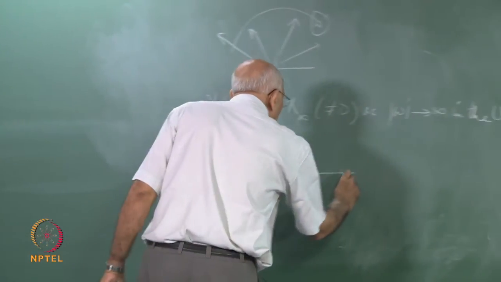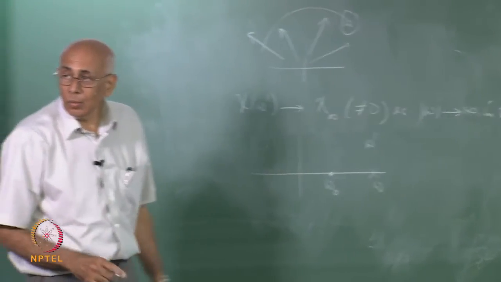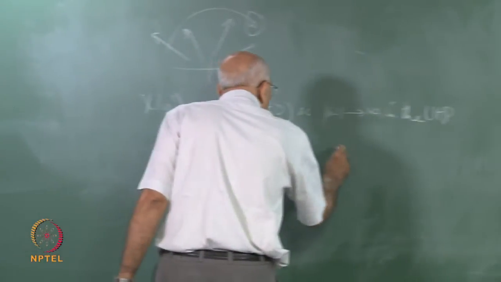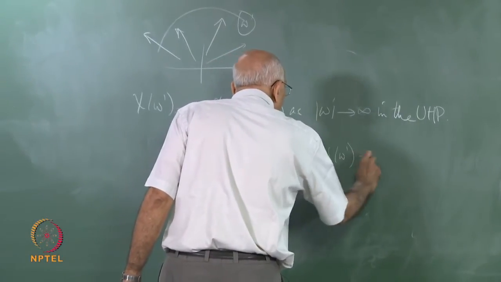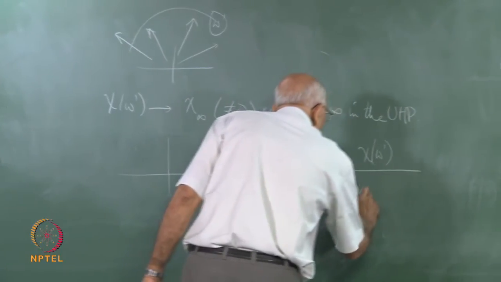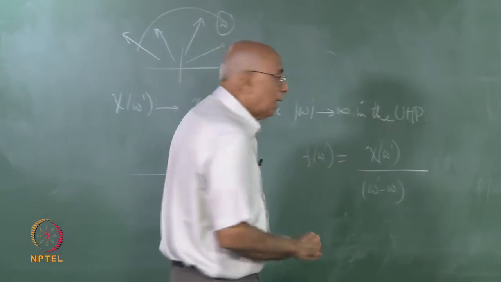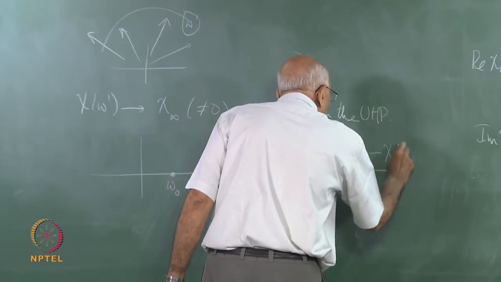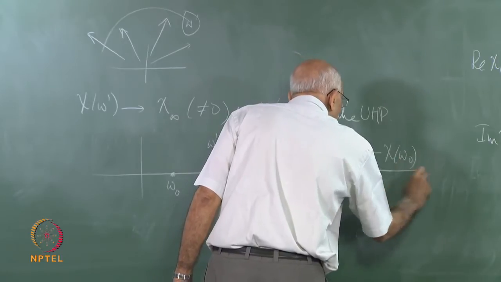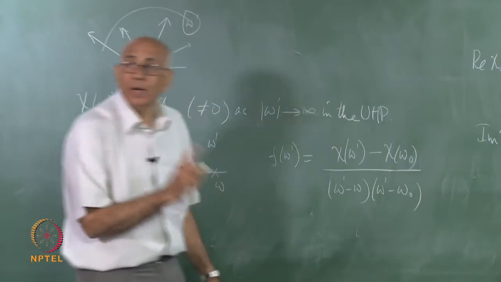I do the same thing as before, this is omega, this is the omega prime plane, but now I define my function f of omega prime not as chi of omega prime over omega prime minus omega, but rather as chi of omega prime minus chi of omega naught divided by omega prime minus omega naught. I define it in this fashion.